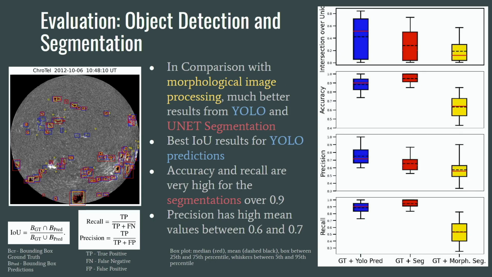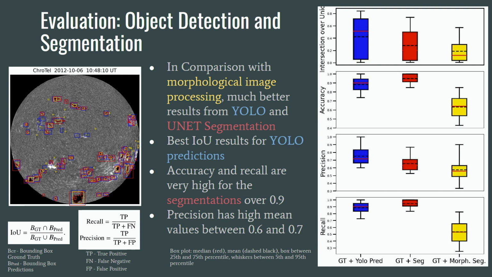And here we quantified this more or less. So we have here the intersection over union for the ground truth compared to the YOLO predictions, ground truth compared with the segmentation results, and the ground truth compared with the morphological image processing.